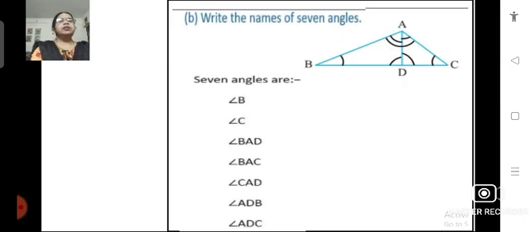Next question, write the names of 7 angles. So in this question we have to write the names of 7 angles.